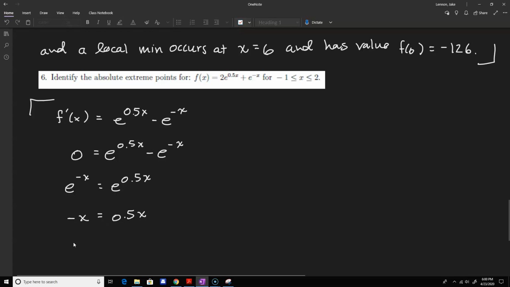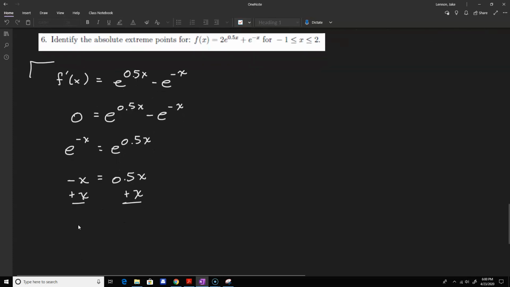So, okay, we could add x to both sides. Clearly the answer is just going to be x equals 0, but I just want to show the steps in case you're a little bit rusty on the algebra there. So we get 1.5 times x equals 0, divide by 1.5. We have 0 equals x as our only critical point.